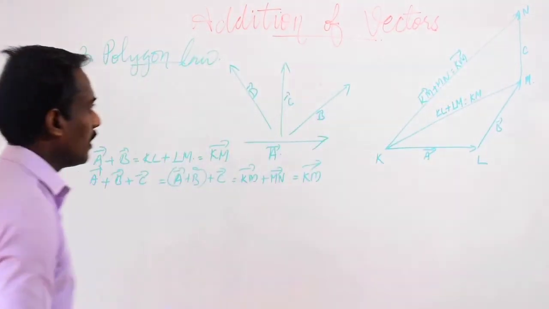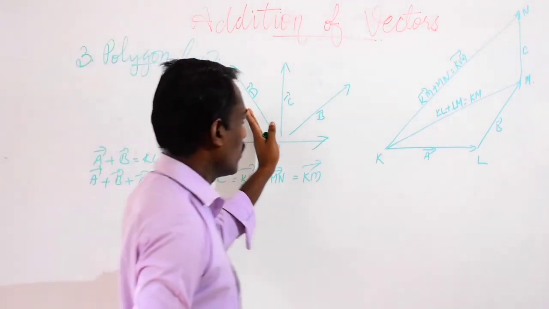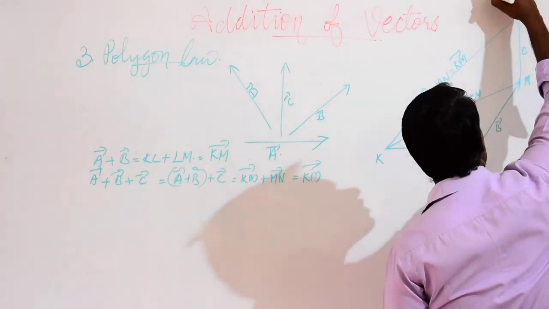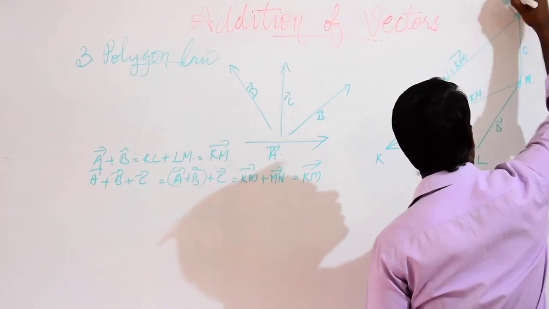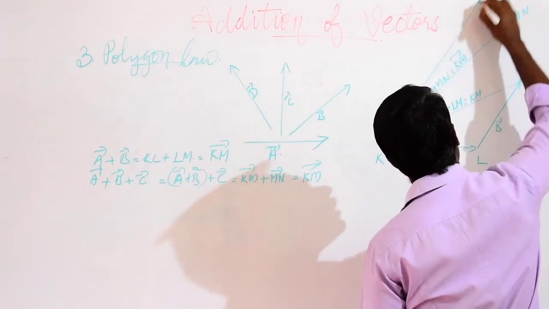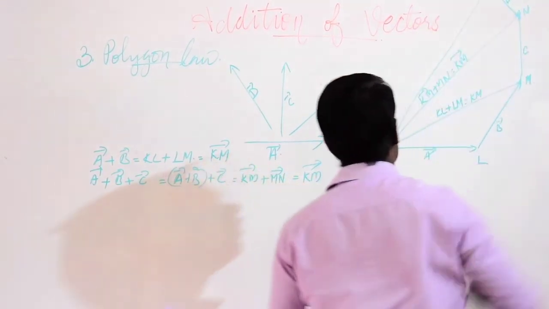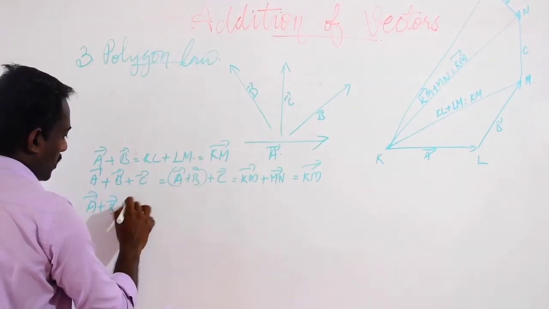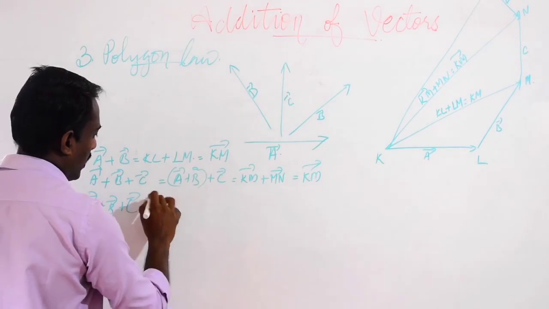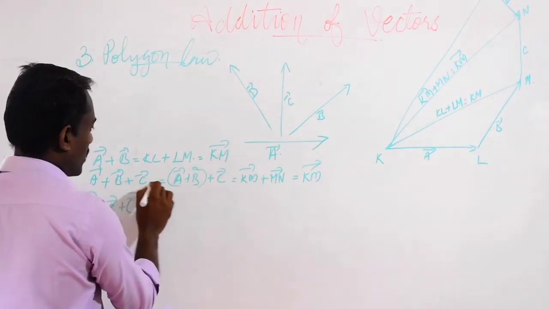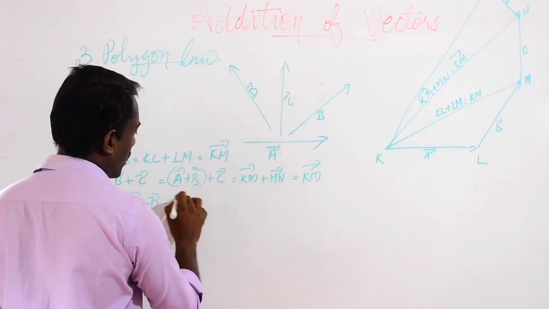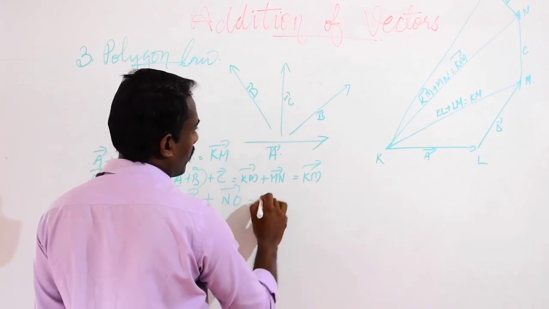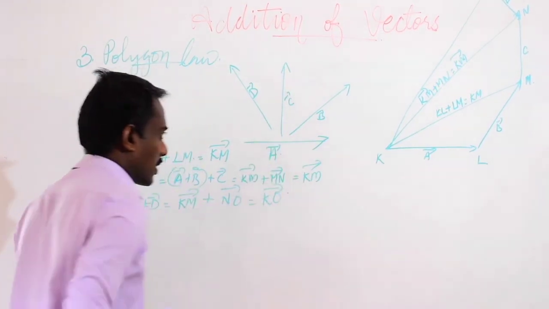Now the fourth vector D. In the same way, bring the fourth vector's tail to the head, without changing its direction, that is D, and now join the line K and O. Now A plus B plus C plus D is equal to A plus B plus C, that is KN, plus NO. That is KO, which will be the resultant vector when they are added together.